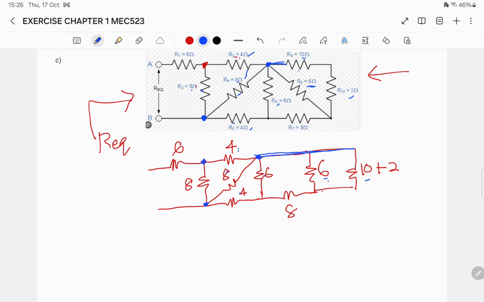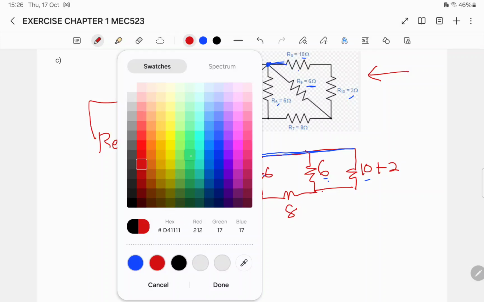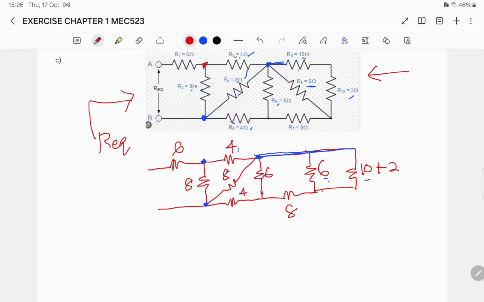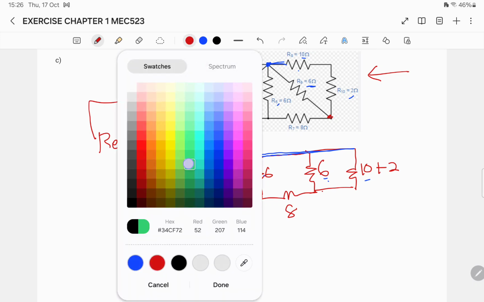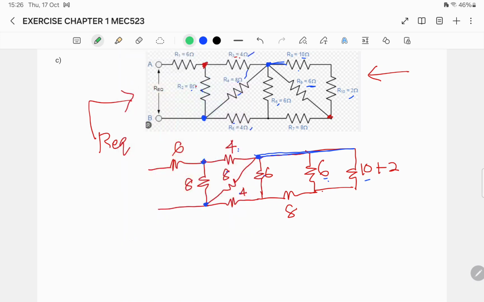Kan? Lepas tu next one is okay, kita ambil hijau. Okay, yang 6 ni bukan tadi saya dah tukar hijau. Okay, so yang 6 ni sini dia jumpa 8. Dia jumpa juga 10, 12 ni. Ni sama.